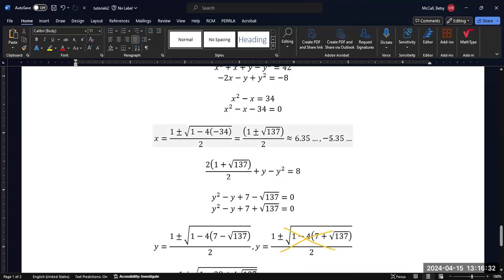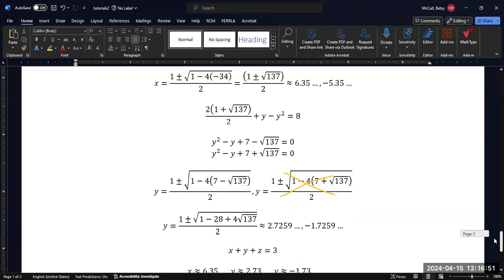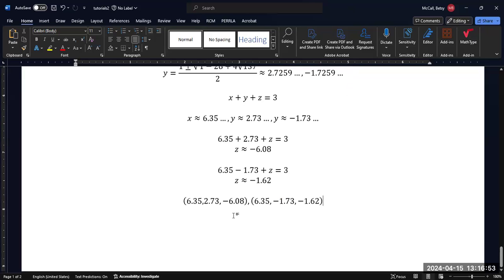If you get more than one solution, then your process kind of has to bifurcate. In this case, one of our X solutions ended up not being viable as a solution for any of the other variables, so we were able to toss it out. And that will also sometimes happen as you're going through this process.